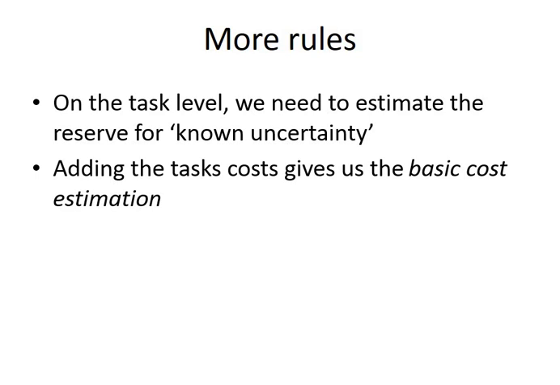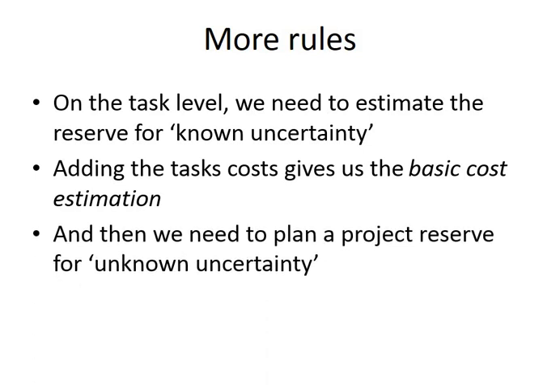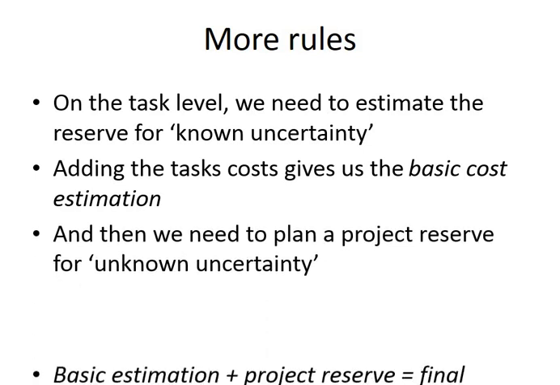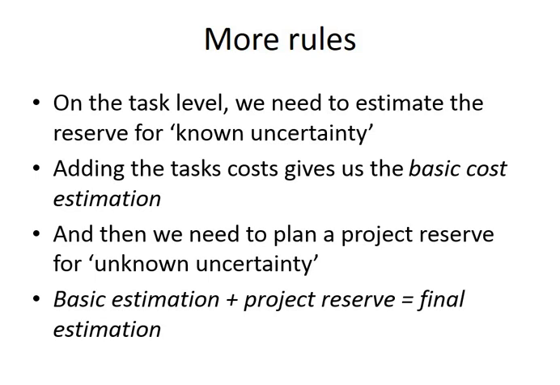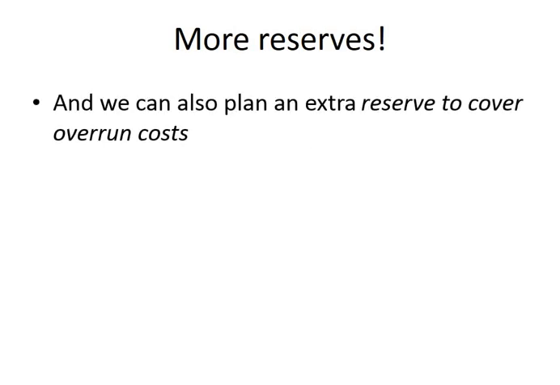If you add the cost of all the tasks, you get the basic cost estimation, and then adding the reserve, you get the final estimation. But this is not all, as sometimes we need a reserve, a special reserve, to cover the overrun costs.